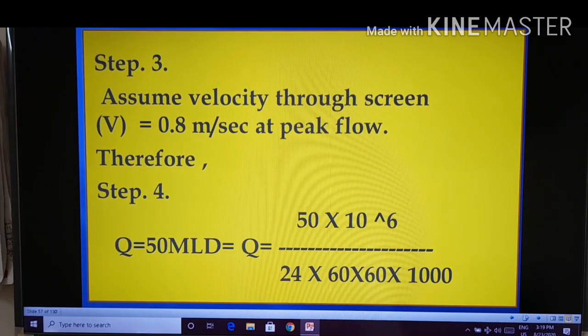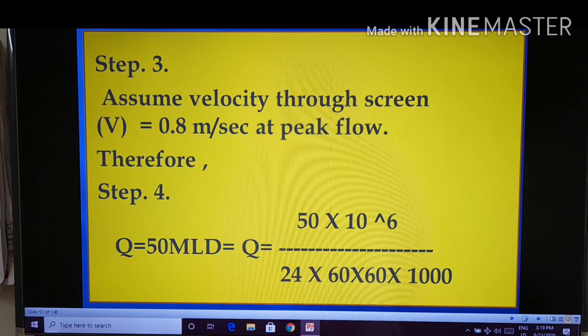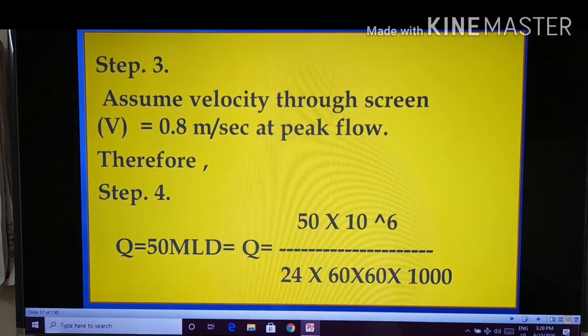Step 3: Assume velocity through the screen, V, is equal to 0.8 meter per second at peak flow. Therefore, step 4: Q is equal to 50 MLD, million liters per day, is equal to 50 into 10 raised to 6 divided by 24 by 60 by 60.